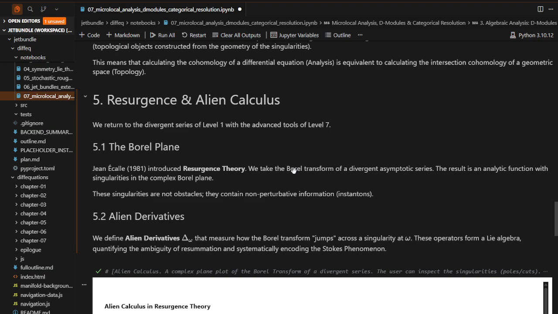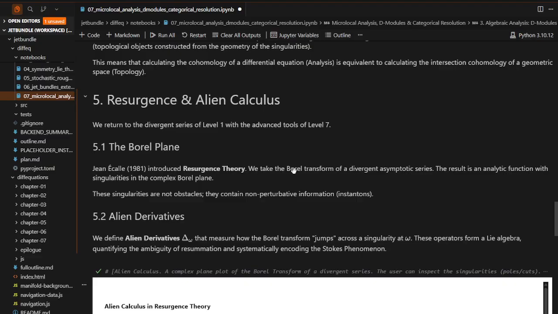And these singularities, again, what did we say about singularities? They're not obstacles, right? They're the reason we have light rays and stuff. So they contain this non-perturbative information about instantons. And again, why are instantons important?